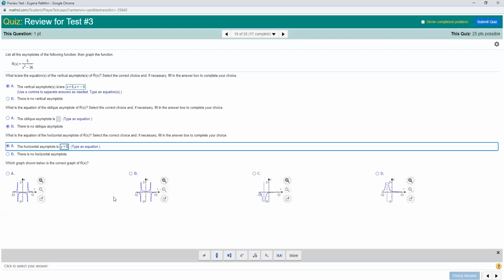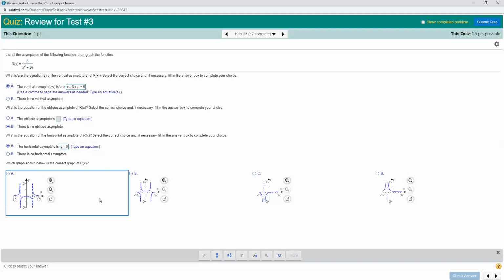All right, so then to pick the picture, you would find the one that had the asymptotes at 6 and -6. So it looks like this one don't have the one on the right, so it can't be C and D. It's got to be A or B. So we know it's got a horizontal asymptote at y equals 0, but that looks like it's going to 0, and that is going to 0. Okay, let's see. That's not crossing.